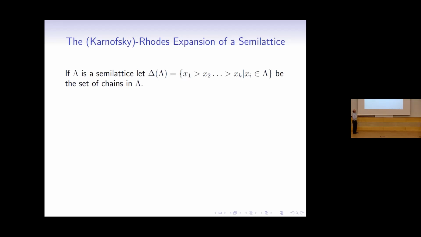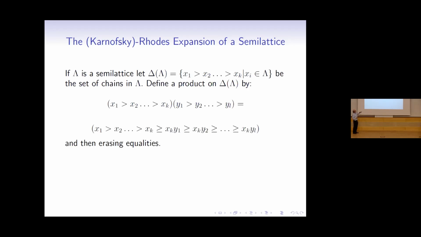I won't get into the details, but at any rate, if I look at flags in a semilattice, or lattice, looking at descending flags, they have a natural product. Namely, I have two chains, flags. I use the bottom element xk and then multiply through all the elements in the second chain of y's.